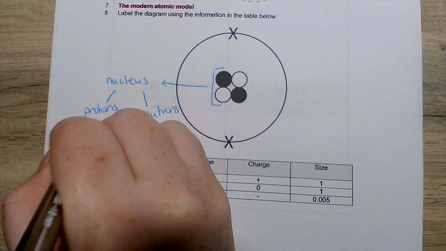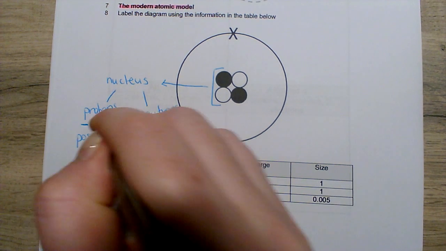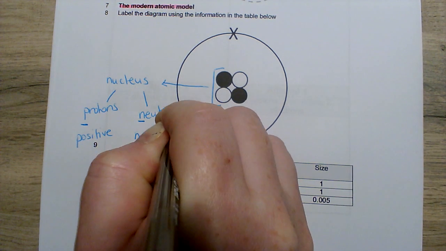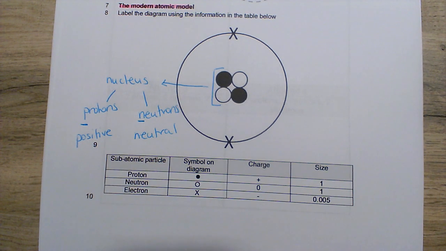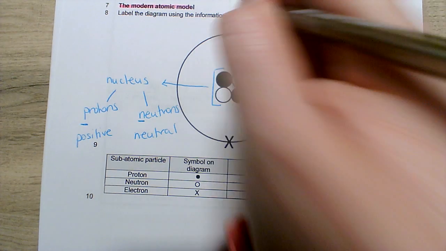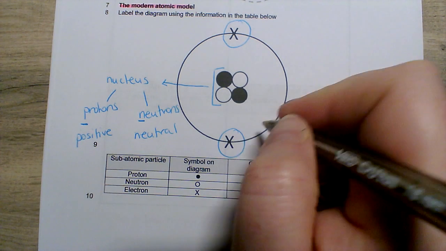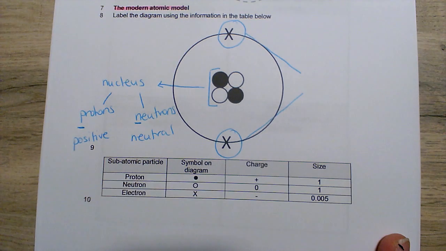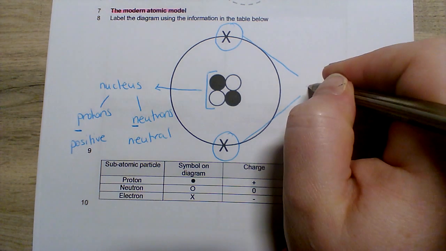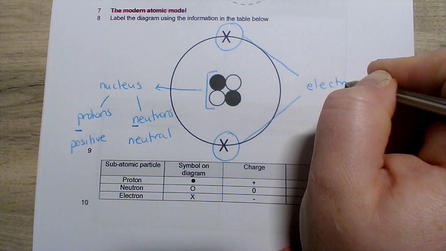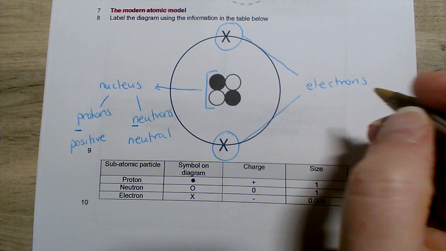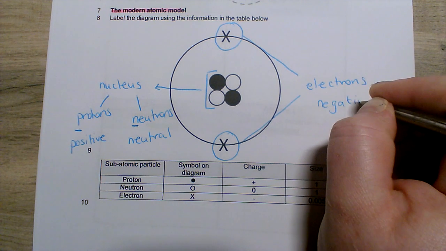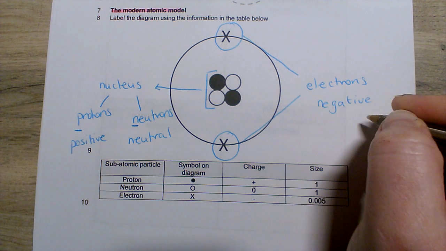P for proton, P for positive, N for neutron, N for neutral for the charge. These two X's are called electrons, and they have a negative charge.